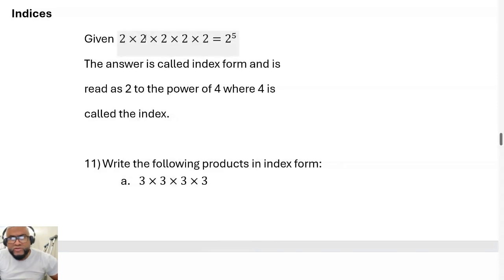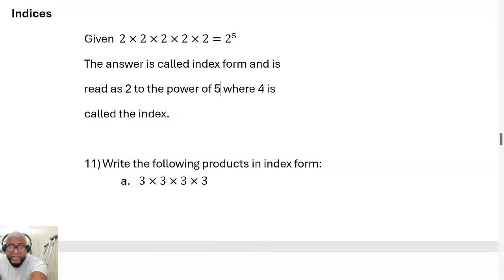So if I give you 2 multiplied by 2, multiplied by 2, multiplied by 2, multiplied by 2, this is actually 2 to the power of 5. We call this 5 here the power of 5, or we call it the index, right? Now, the answer is called index form and is read as 2 to the power of 5.